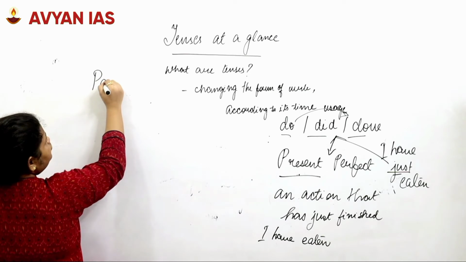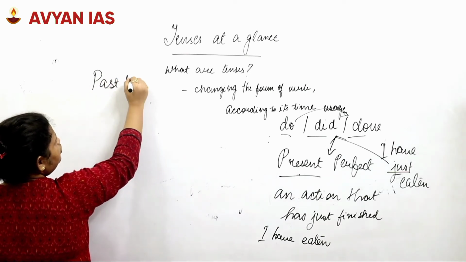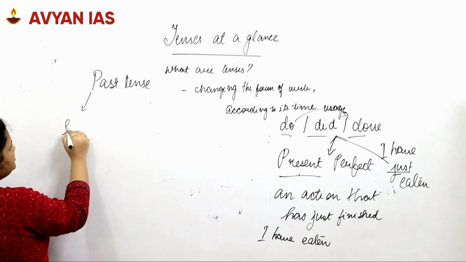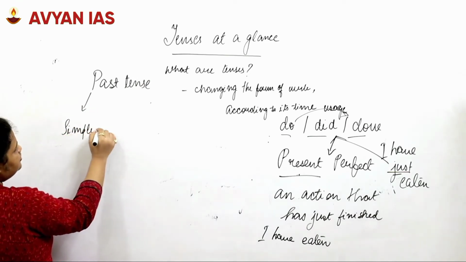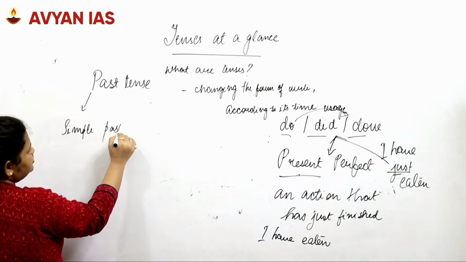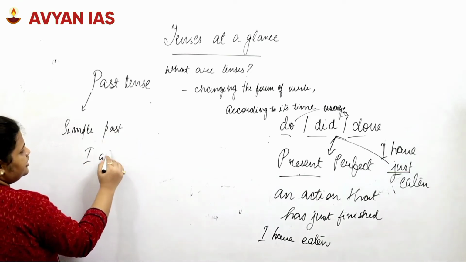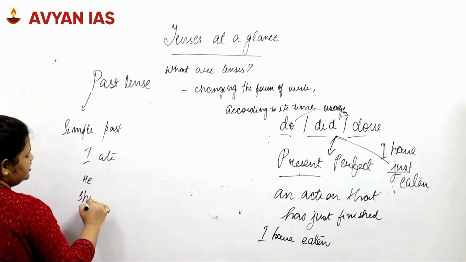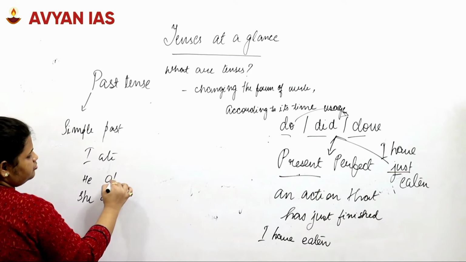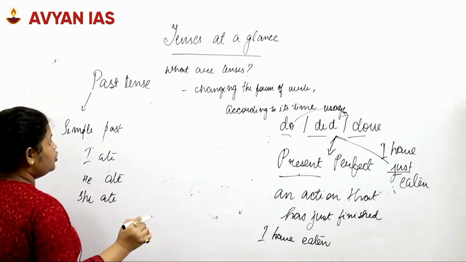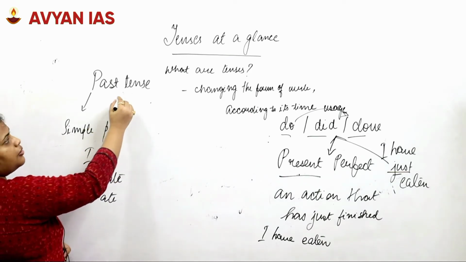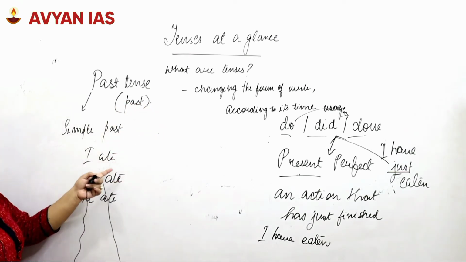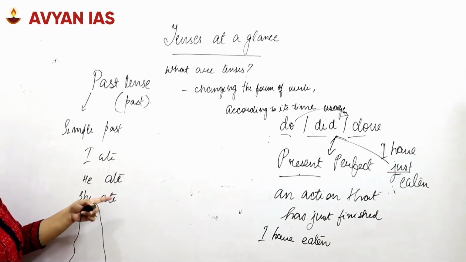Past tense again would be divided into 4, just like we did for the present tense. The first would be simple past. For example, I ate, she ate, he ate. This talks about action which has happened in the past. But remember something, we are not giving any proper or clear time reference.